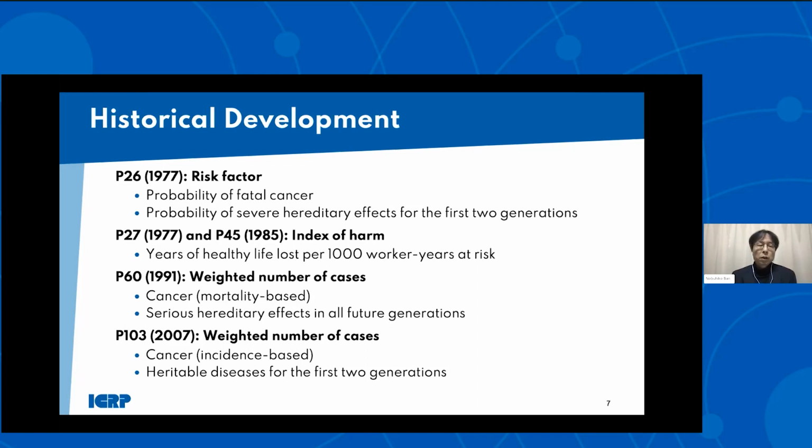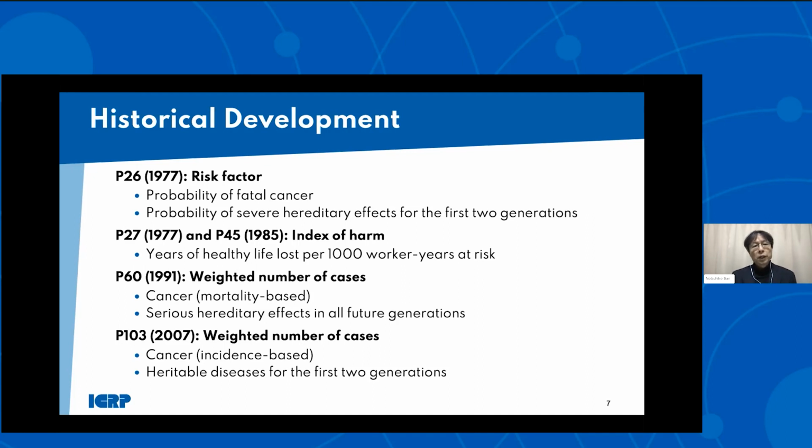The non-fatal component was covered in the subsequent Publication 27. In Publication 27, years of healthy life lost per 1,000 worker years at risk was assessed. It was called the index of harm. This publication aimed to assess the total harm from radiation exposure and other occupational hazards for the purpose of verifying the appropriateness of those equivalent limits for workers.